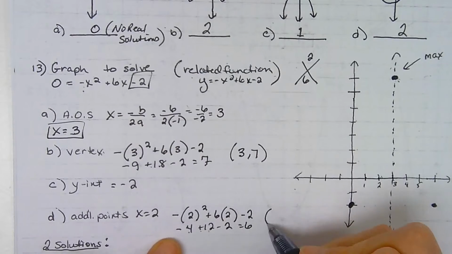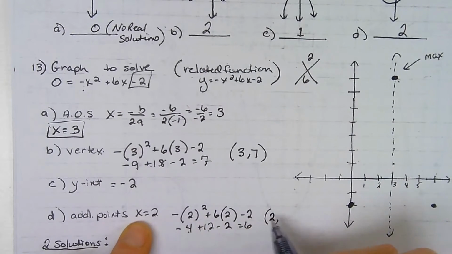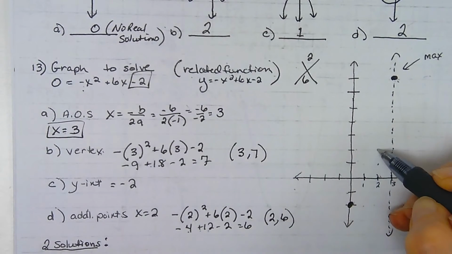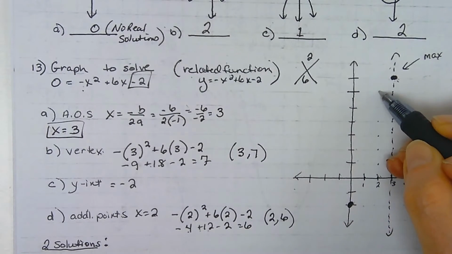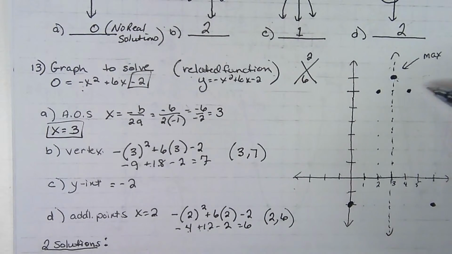So my additional point is going to be x is 2, and the y value that comes out of the function is 6. So now I can plot that point 2, 1, 2, 3, 4, 5, 6. And I can mirror that point 2 across here to over here. So that's the mirrored point. That's the one that's reflected.